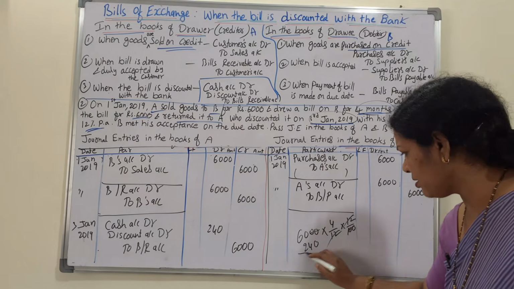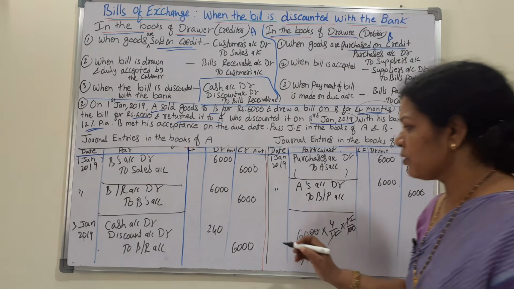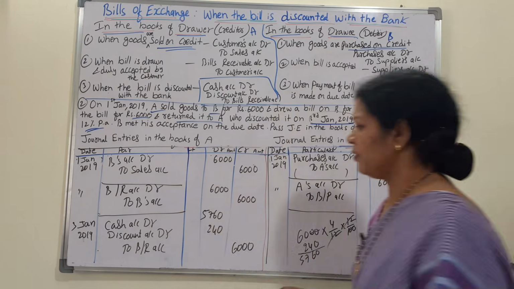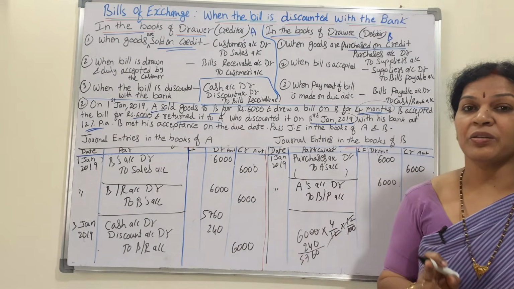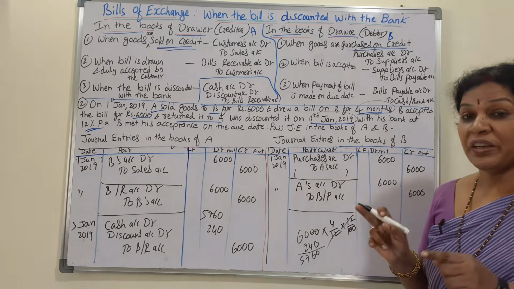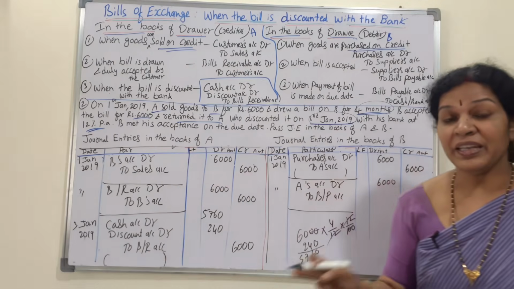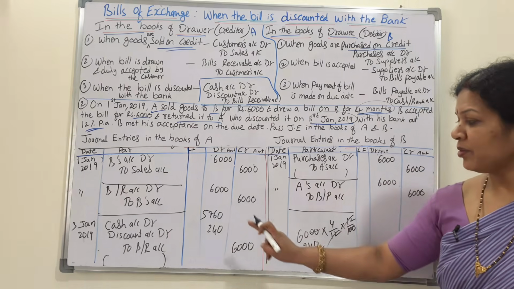Rest of the amount is 5,760. So we'll write here 5,760. So this is the main journal entry you have to remember. Being bill discounted with the bank, that is the narration you have to write.